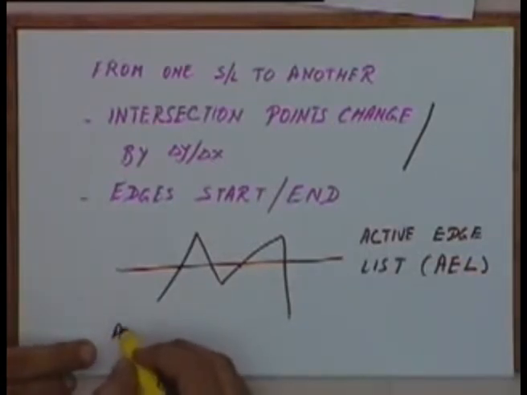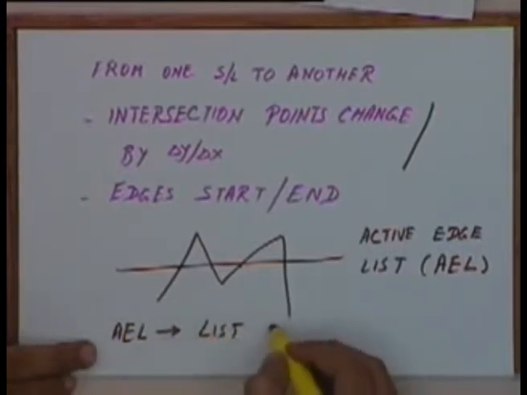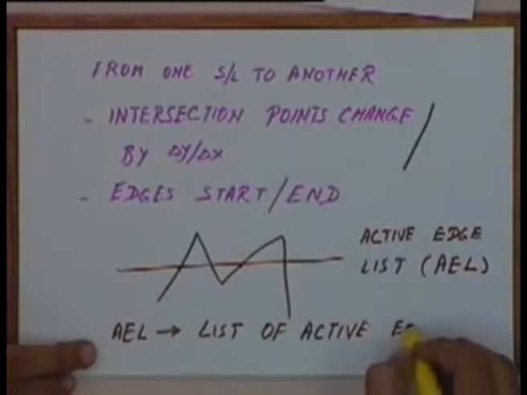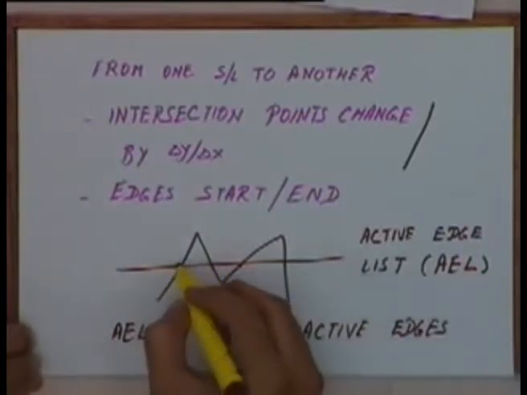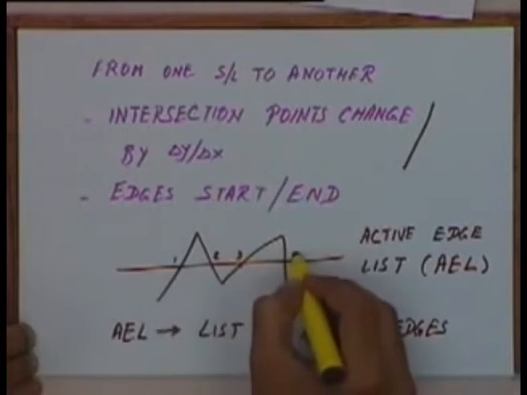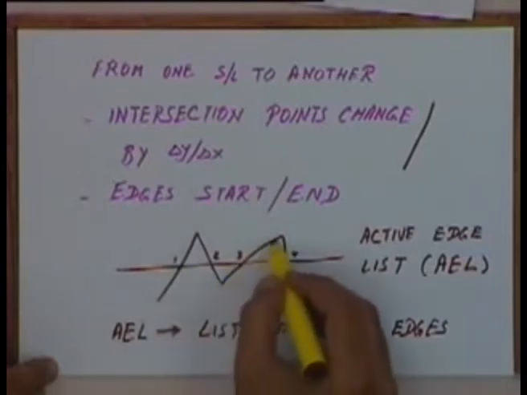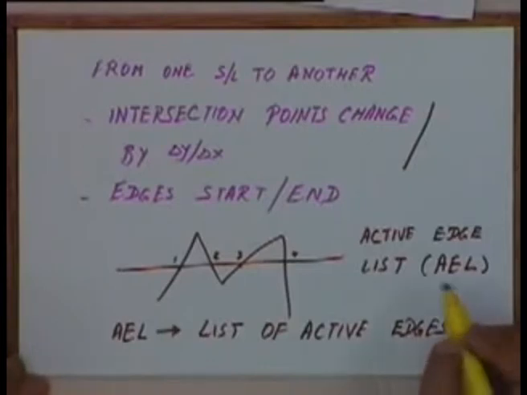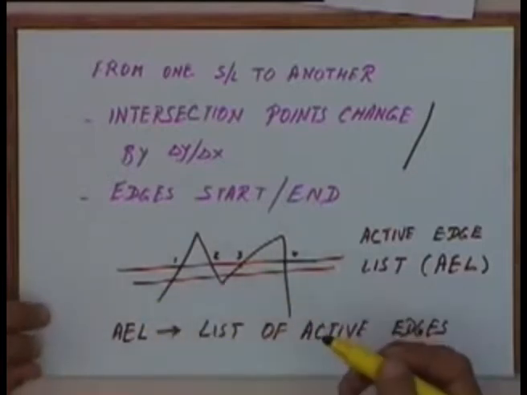This AEL, active edge list, will store the list of active edges and the intersections on a particular scan line. In this case our intersections are 1, 2, 3, 4. This active edge list is going to maintain that these 4 edges are intersecting and the intersections are so and so. And as we go from one scan line to a second scan line, we will keep updating this active edge list every time.